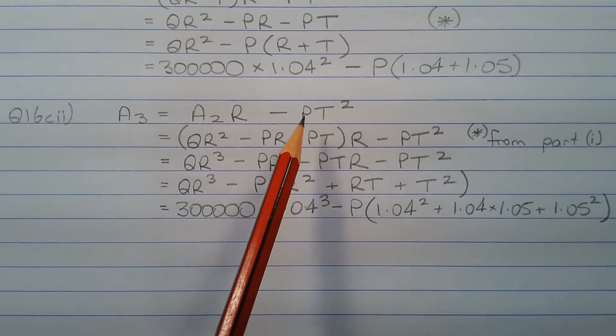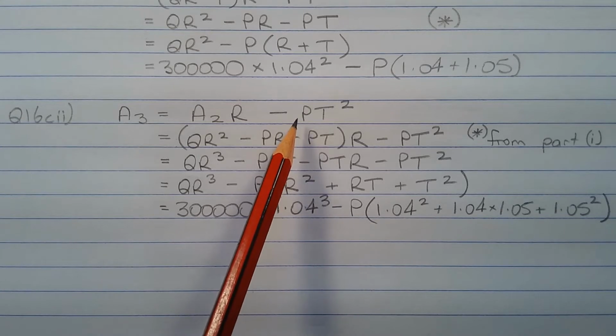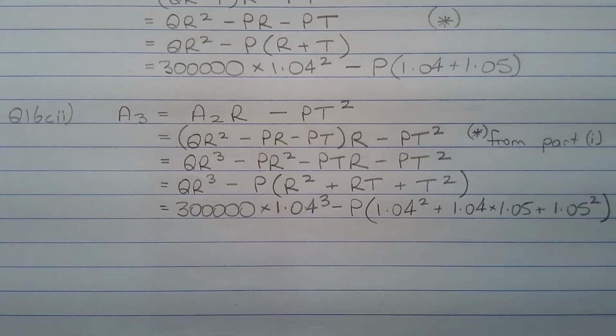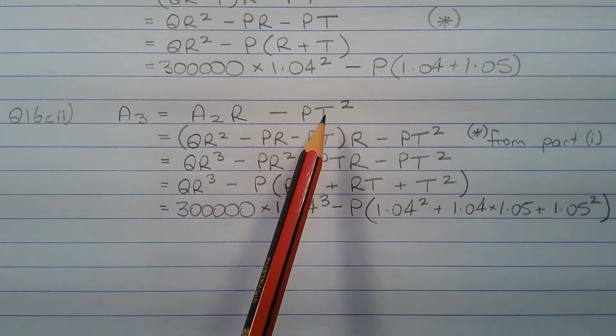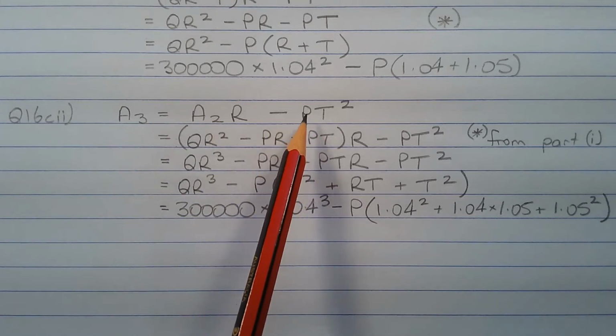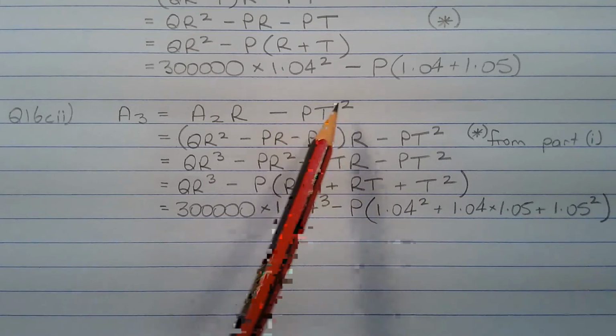Now the initial withdrawal amount, that's the amount withdrawn at the end of the first year, is P dollars. At the end of the second year, P dollars is increased by T, or 1.05. At the end of the third year, it's increased by 1.05 again. Hence why it's minus PT squared.